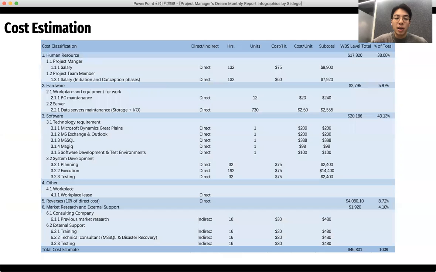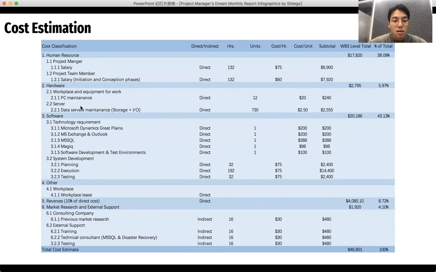The cost estimation is composed of 6 parts. The main cost is the software and the human resource part. Since Museum Victoria has its own PC laptops, with many Apple and Windows-based PCs, they would save lots of money here. But here I still count some maintenance fee as a hardware cost.